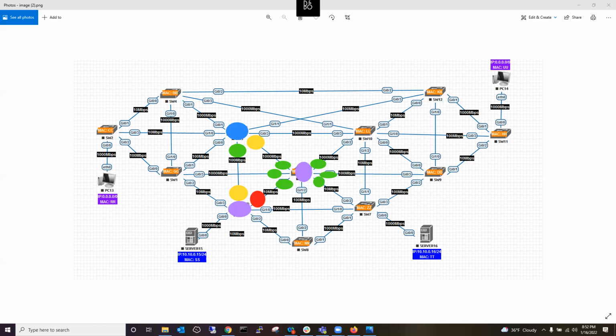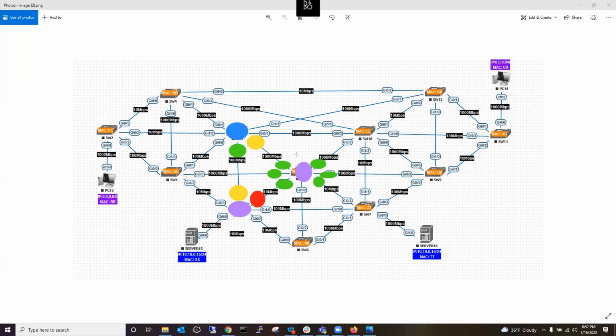Now we're looking at these two, and we ask who wins the election process. Switch 6 has the lower MAC address than the other switch, so we designate this one and block on this one.